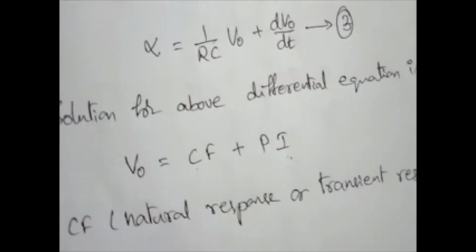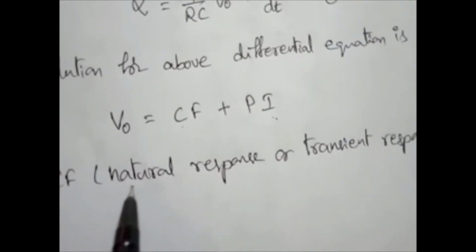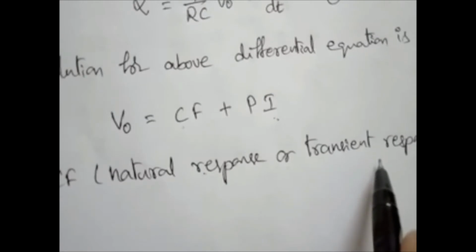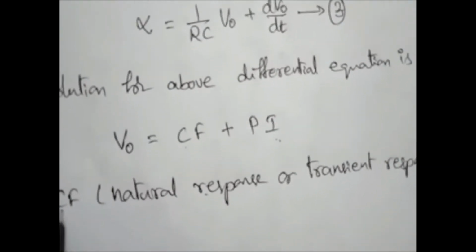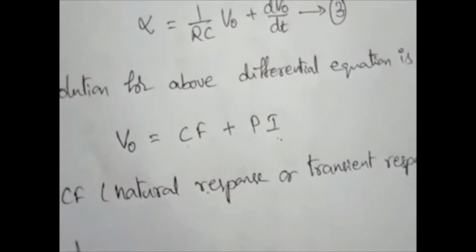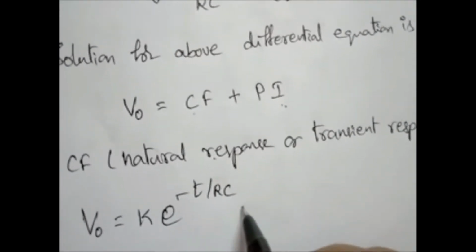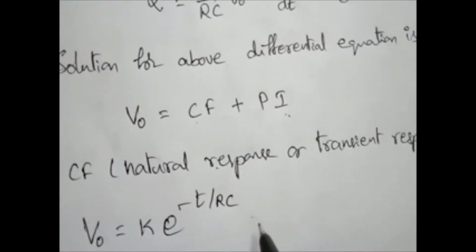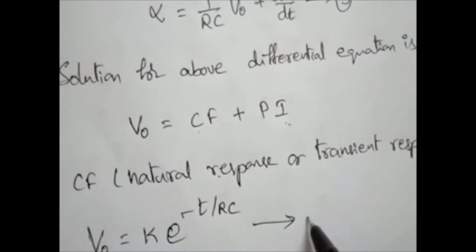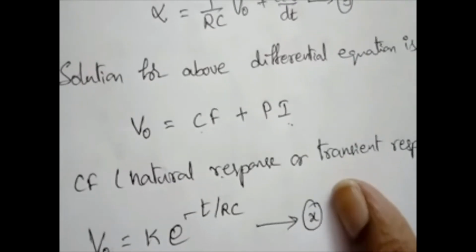So without applying any signal we are getting this response. That's why it is called natural response or transient response. Generally the complementary function solution is in the form of V0 is equal to k into e power minus t by RC. So this is the natural response or complementary function. Let this be equation X.